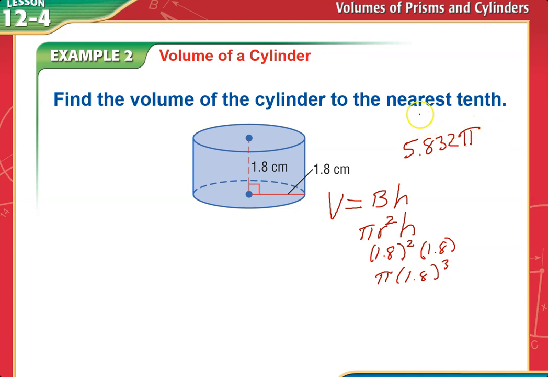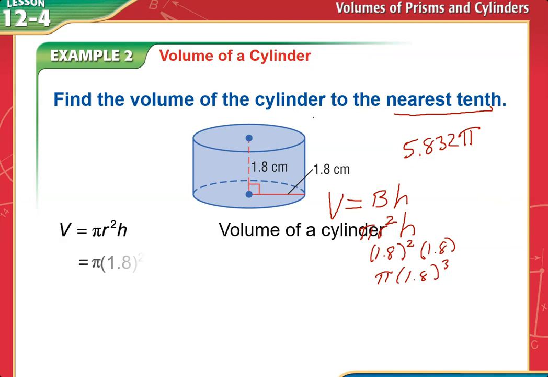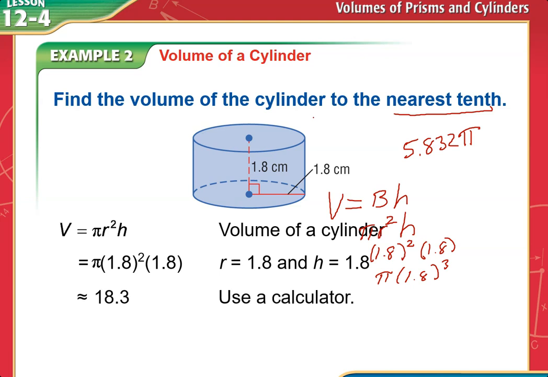Since it does say to the nearest tenth, we're going to multiply 5.832 times pi, and I get 18.3 rounded to the nearest tenth. So with units, we'd have centimeters cubed.